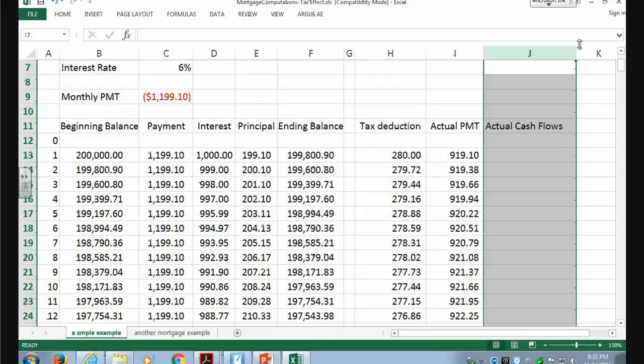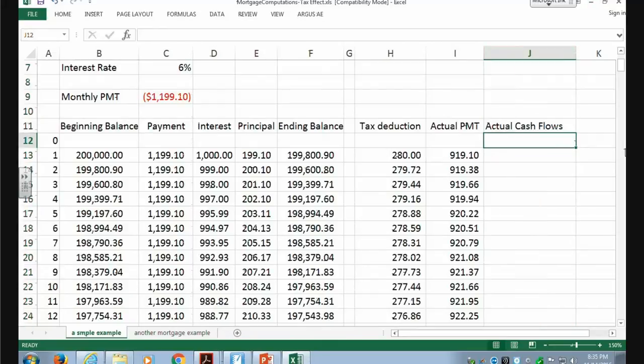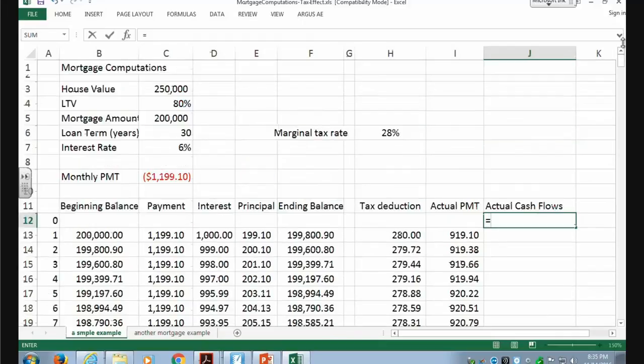Okay. So for this case there is no cost. So the extra cash flow at time zero: how much money comes into the pocket? That's the loan amount, right? The loan amount will be $200,000, C5. So then here is the origination cost, right?